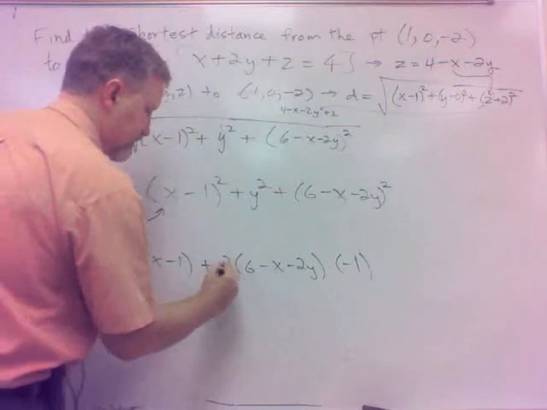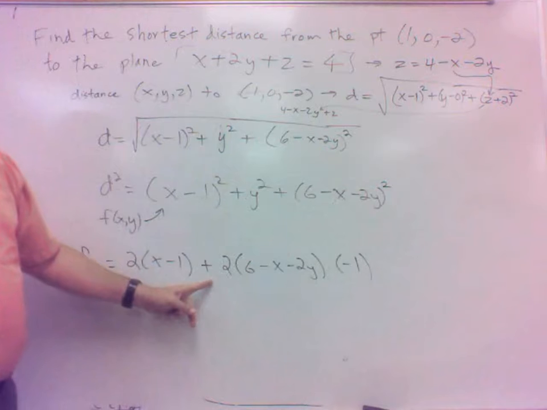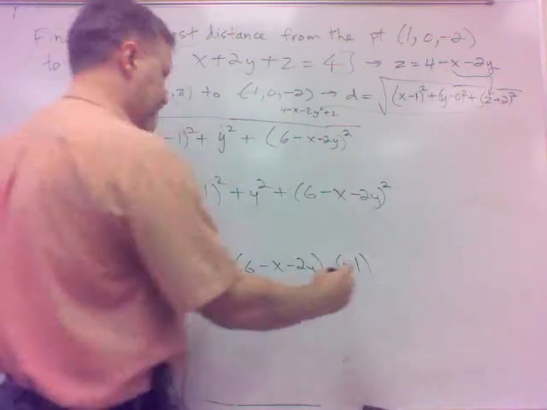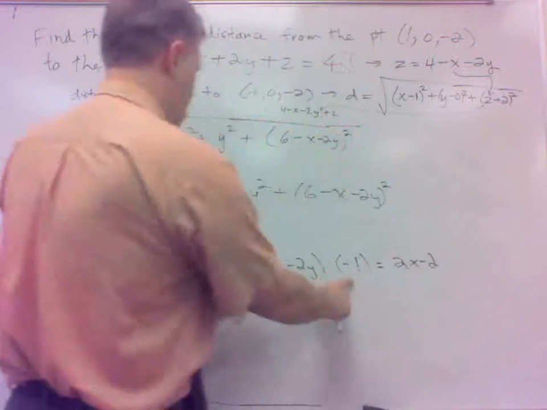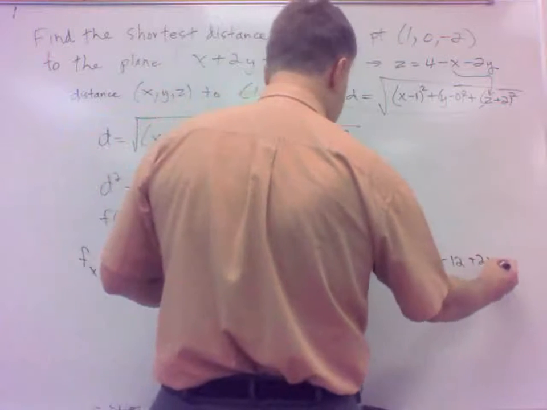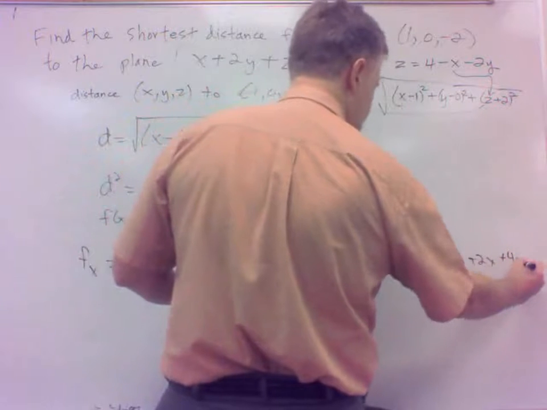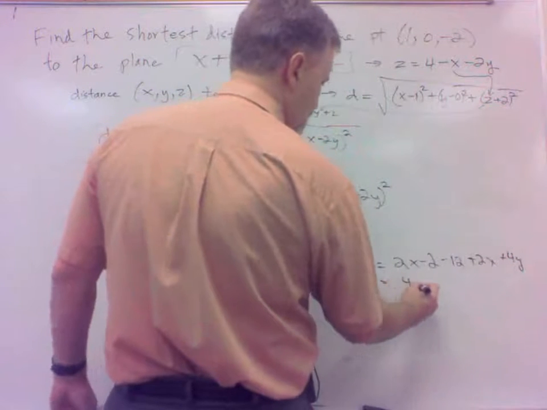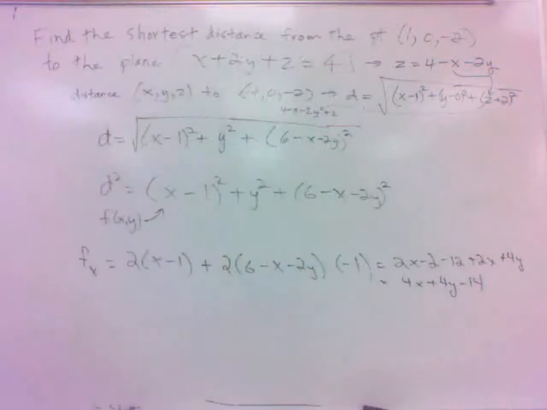Just a little power rule, which is 2x minus 2, and that would be minus 12 plus 2x plus 4y, which is 4x plus 4y minus 14. And we're going to set that to 0.